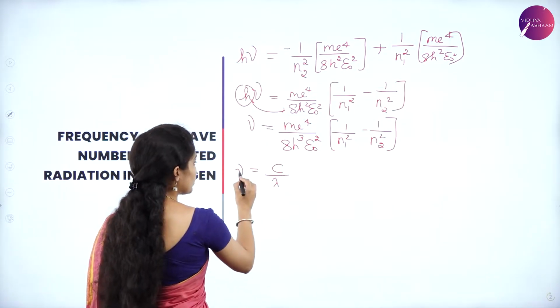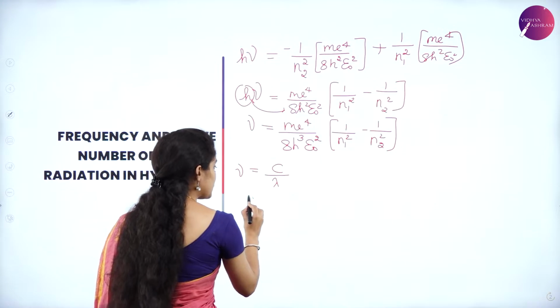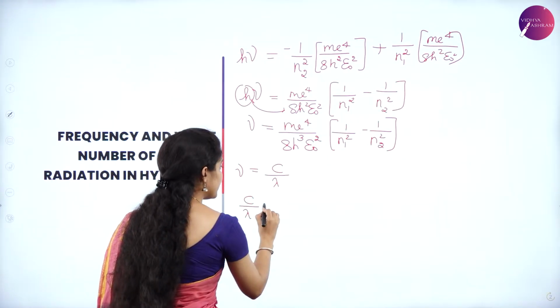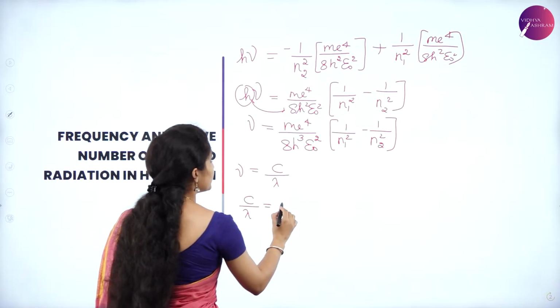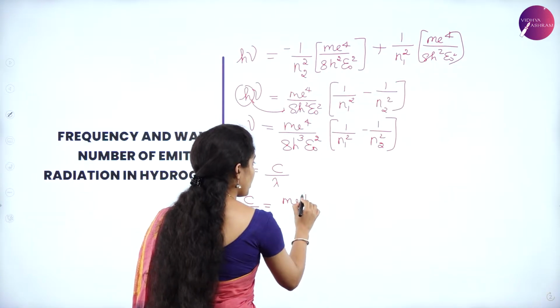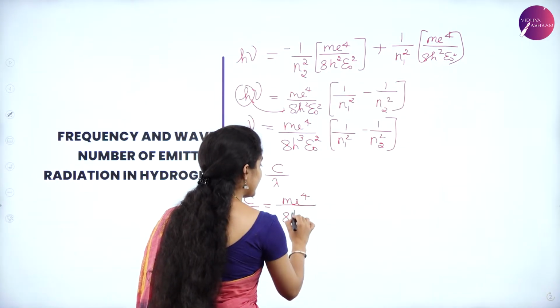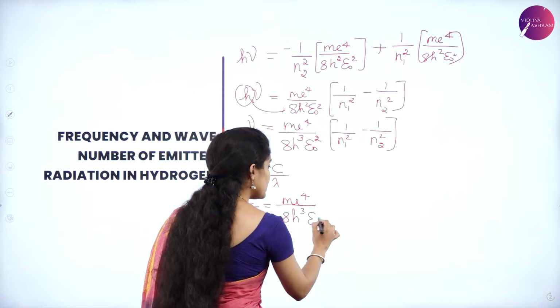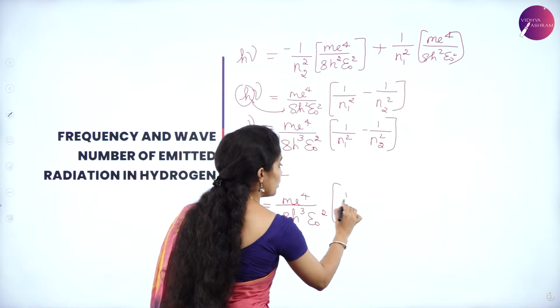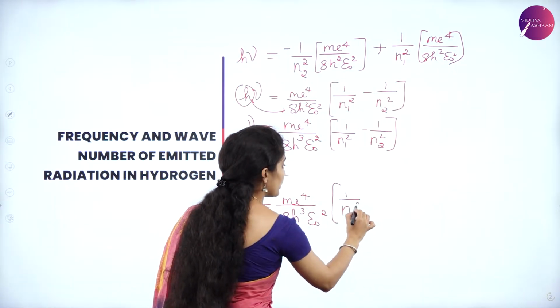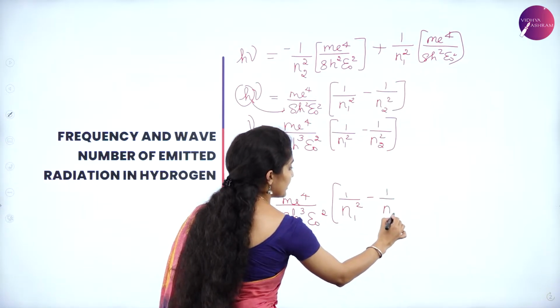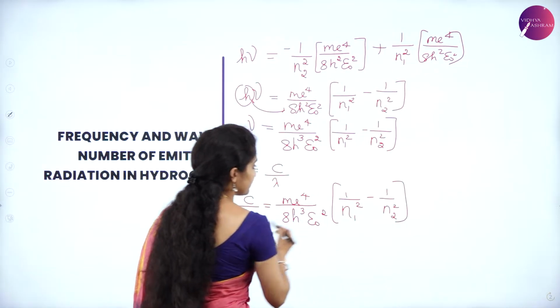So in place of nu, we can substitute c by lambda is equal to M e to the power of 4 divided by 8 h cube epsilon naught square into 1 by n1 square minus 1 by n2 square.